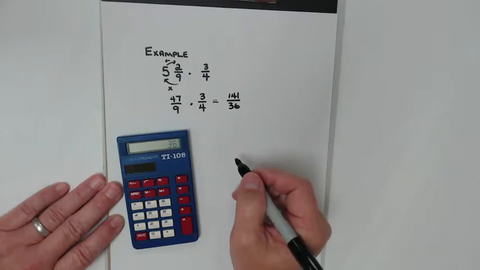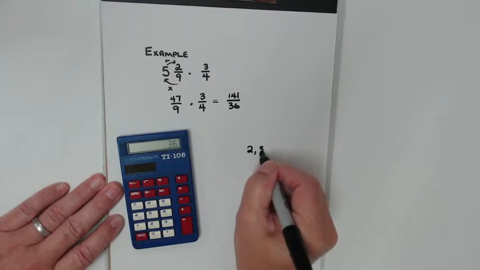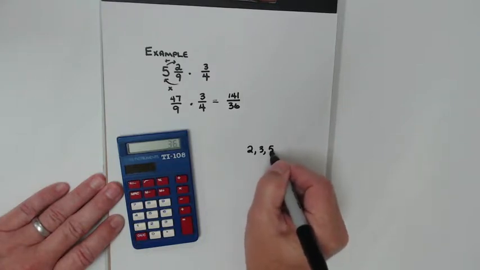The next thing I would do is try some of these prime numbers to see if I can simplify this.